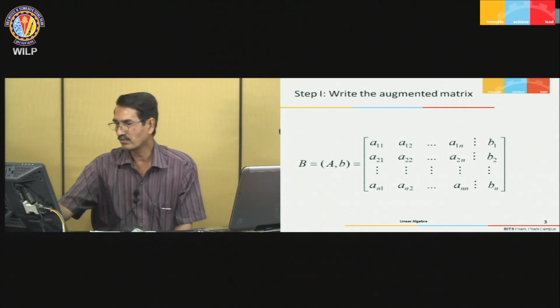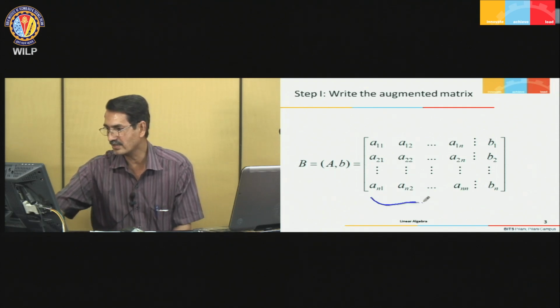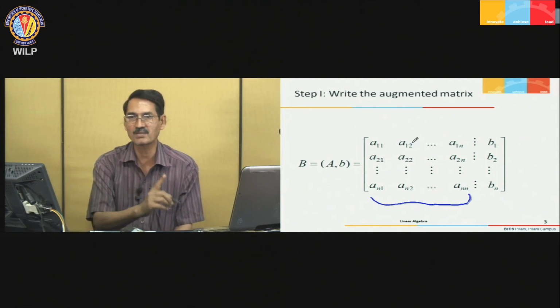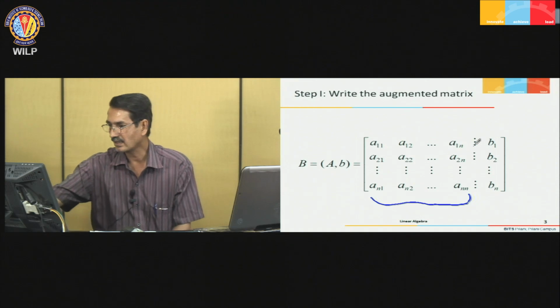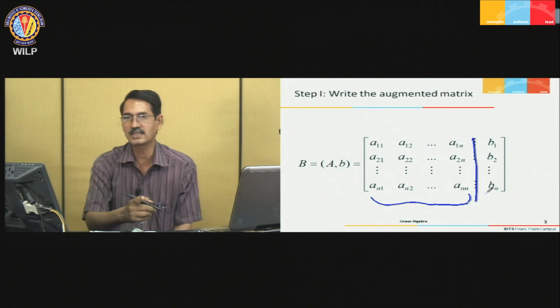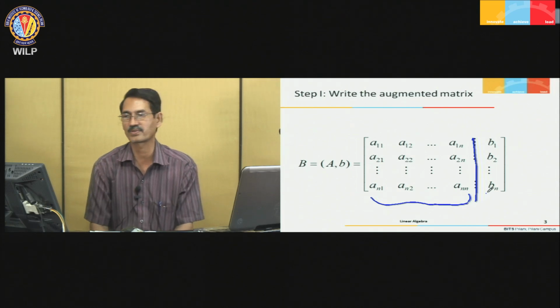Up to here this is our matrix A, that is the coefficient matrix, and the last column, from here b1, b2, bn, are the RHS part of the given equations. So, this matrix B is called augmented matrix.